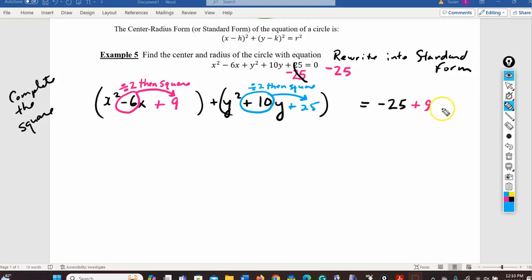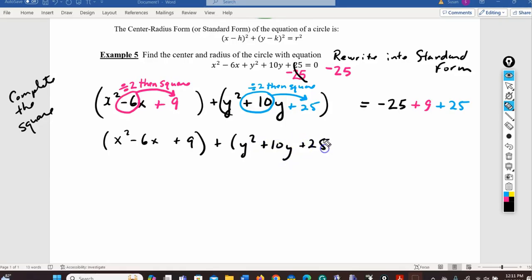And what I add on this side, I have to add to the other side. Negative 25 and positive 25 cancel each other out, and I'm left with a 9.